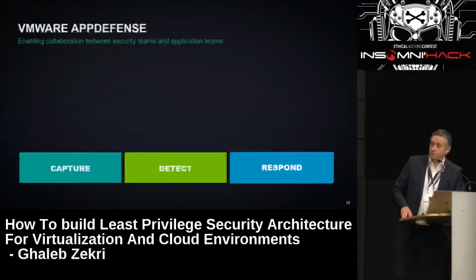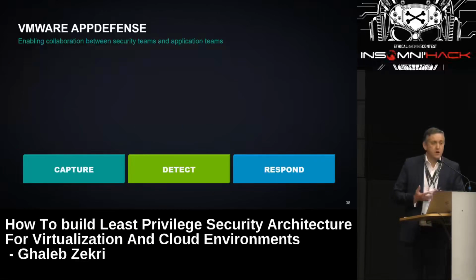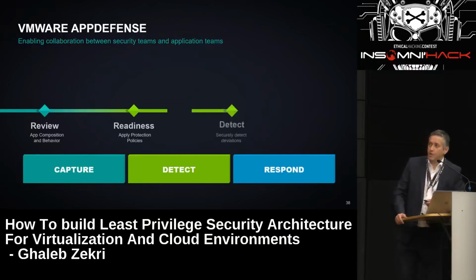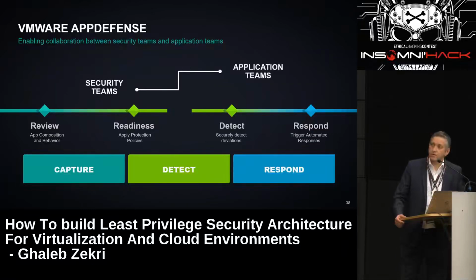So by building this least privilege based on what we know as good behavior from the application, we can easily link two teams that are working in digital transformation for the enterprise. These two teams are mainly the security team and the application team.